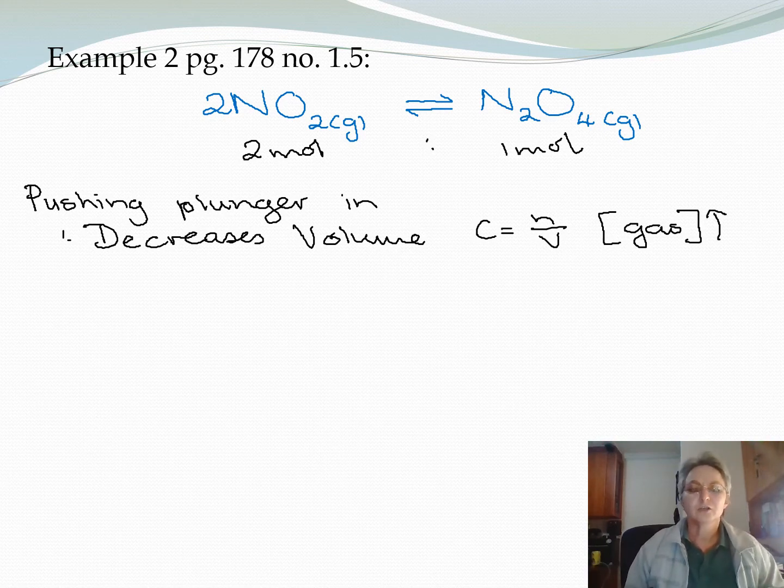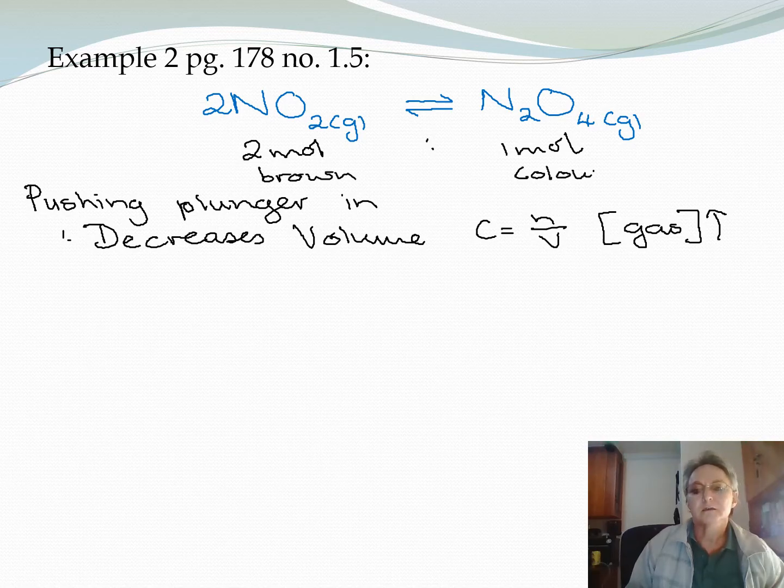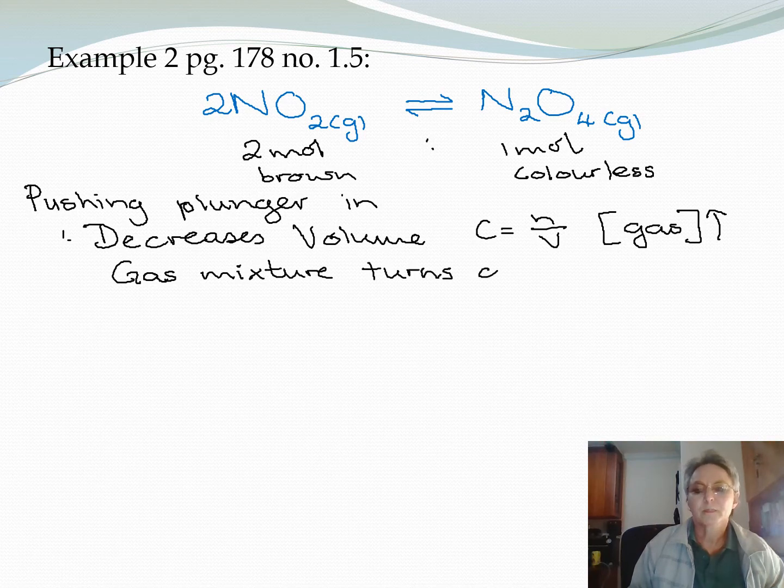If the concentration of gas is going to increase and you've got a brown gas and a colorless gas, and you push the plunger in, the gas mixture turns darker. But it happens only for a few moments.